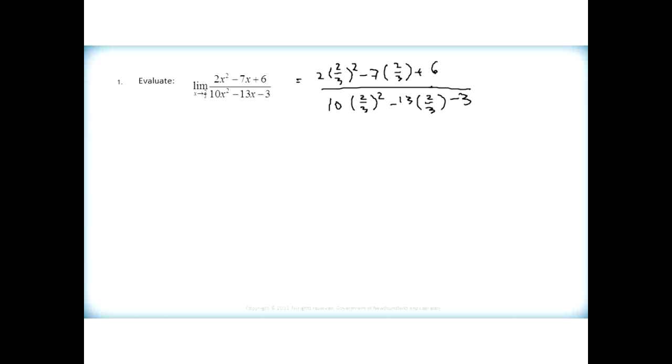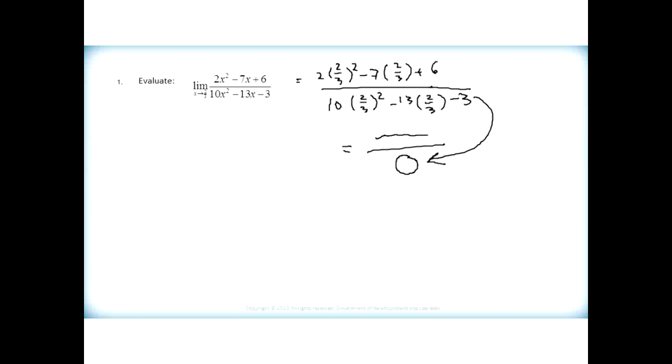If we try to evaluate that, we're going to end up with a whole bunch of stuff, but what's up here doesn't really matter. The important thing is that in the denominator of this expression, we do get a 0. If you plug that in the calculator or work it out, take your time, you do get a 0 here, making this an indeterminate form. So we're going to have to try our factoring strategy.